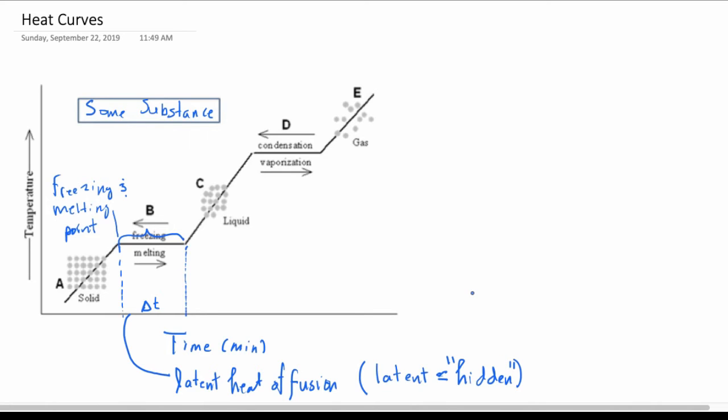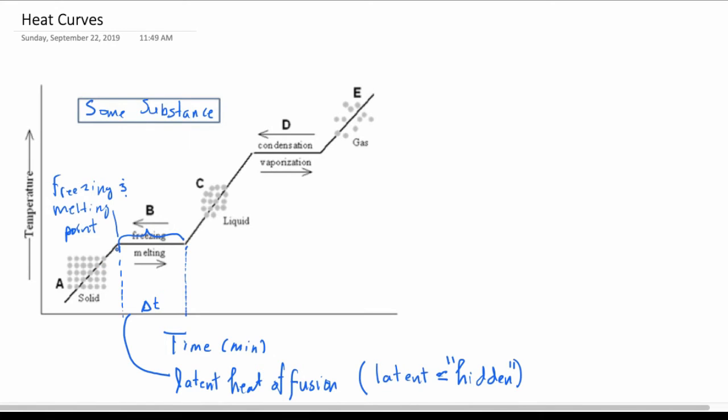So hidden heat, what we mean by that is this: at this point here or below, the temperature probe will be able to measure this. But right here, think of water. When water is frozen and it's ice, it's in solid ice form.